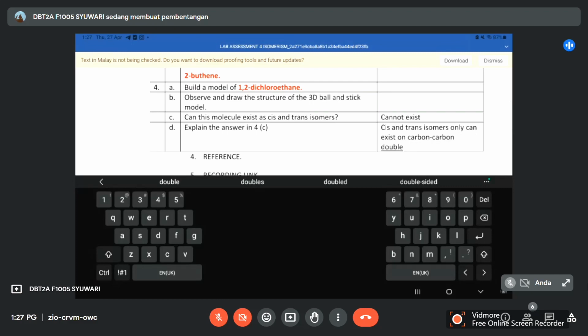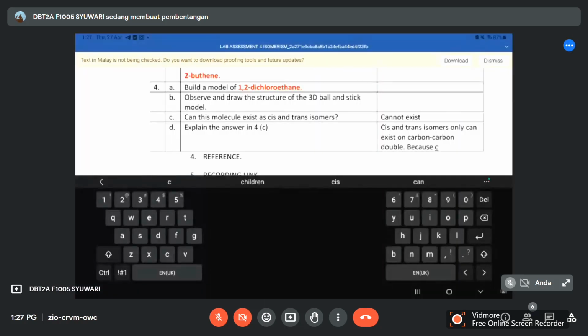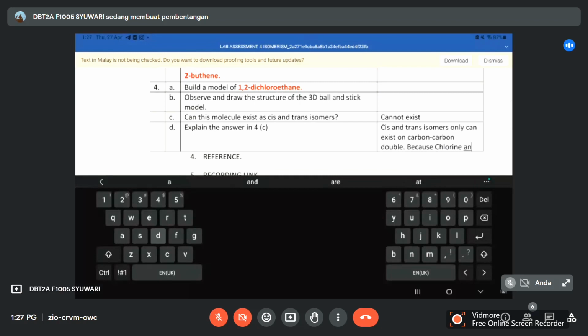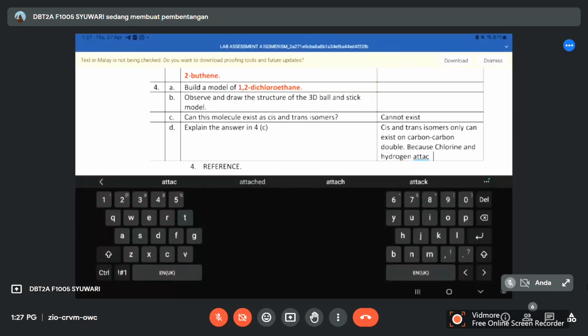Okay, that is correct. Other than that, Amma, please explain why. Because chlorine and hydrogen attach on carbon. Yes, on carbon.